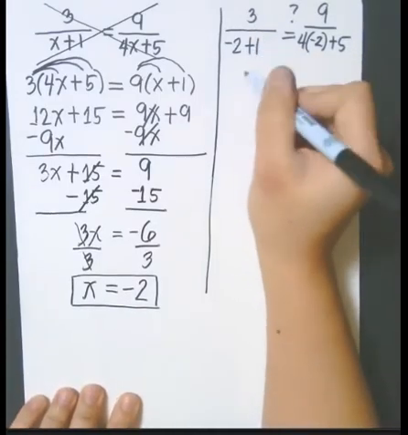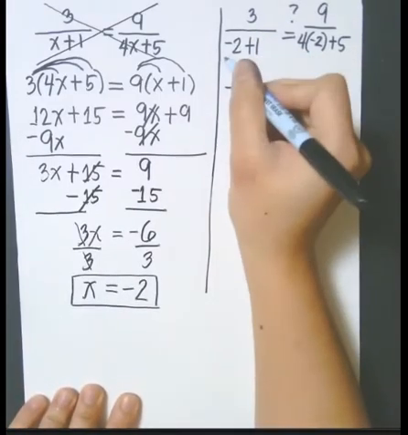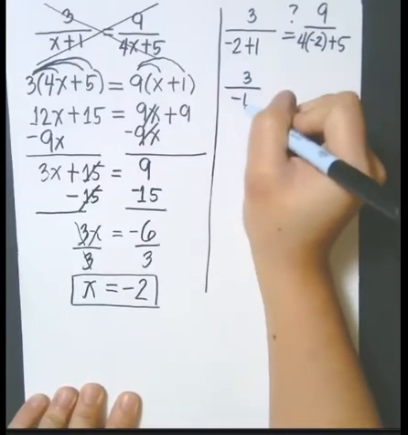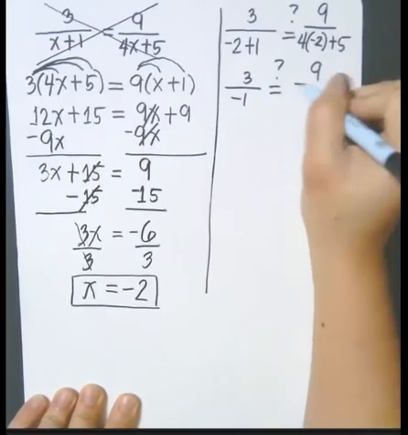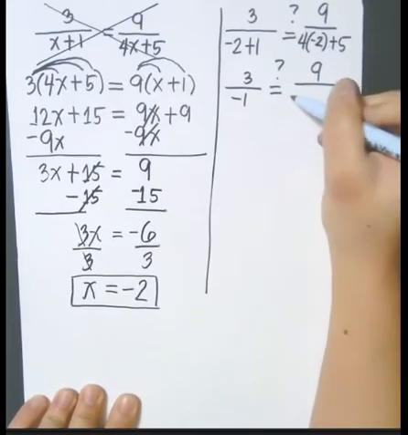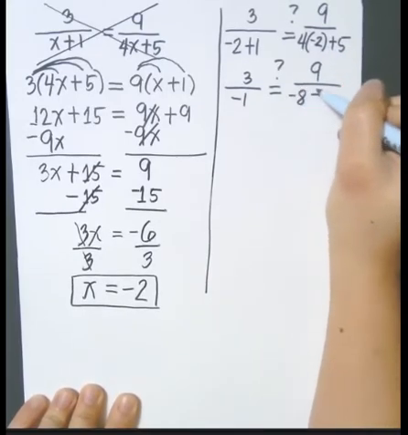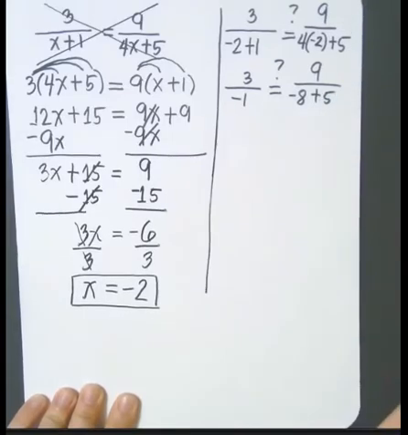Now we simplify. 3 all over negative 2 plus 1 is negative 1. Is it equal to 9 all over 4 times negative 2 is negative 8 plus 5. Let's check.